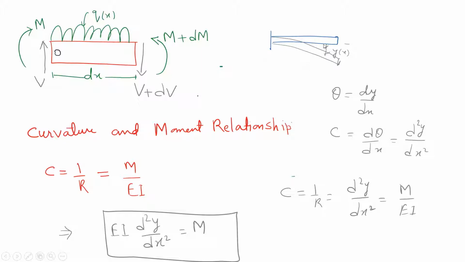So the slope is dy by dx. Curvature is the rate of change of slope, d theta by dx, which becomes d2y by dx squared, equal to M by EI. Therefore M equals EI into d2y by dx squared.